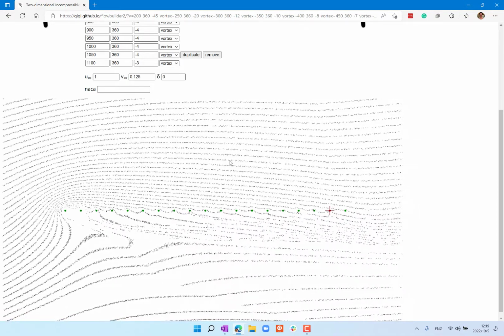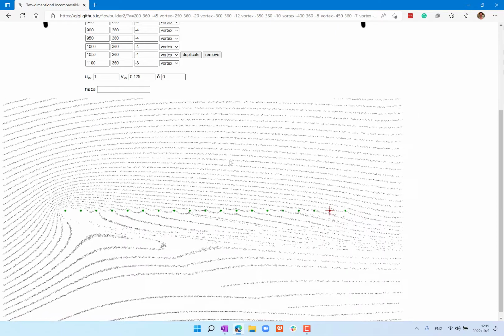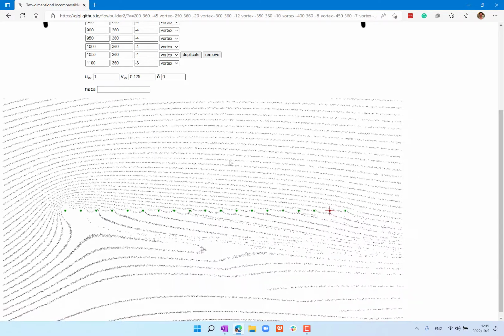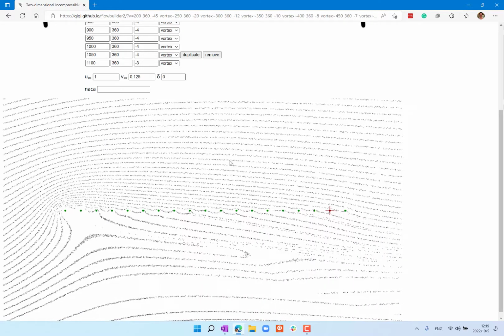through the flat plate. Now, how would I change the strength of the vortices so that the flow is still parallel? I would have to decrease the magnitude, but exactly how much? Half, right? Because if I halve everything, that makes the v velocity still exactly equal to 0.